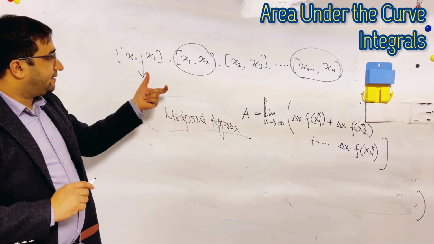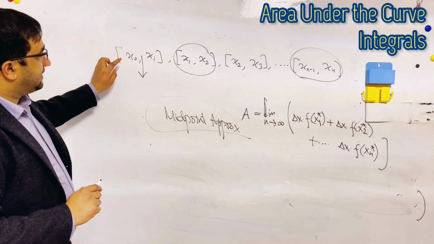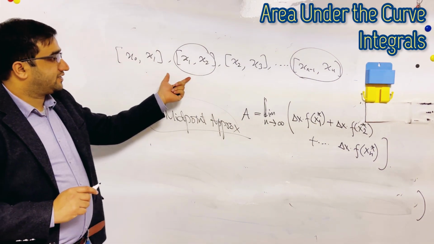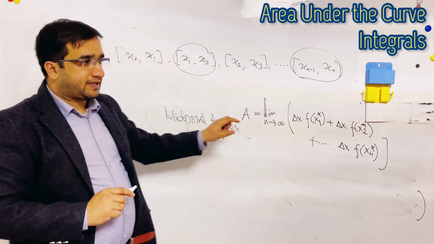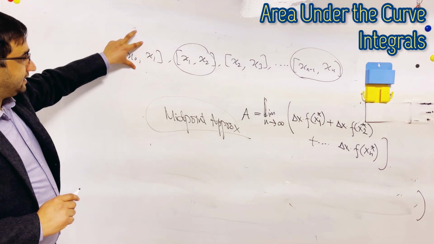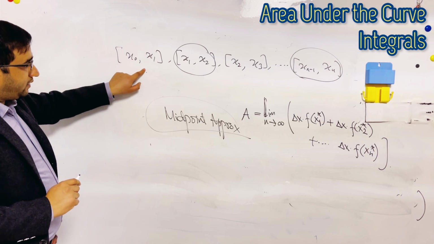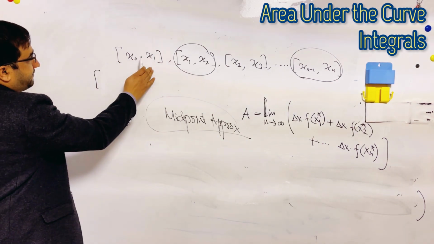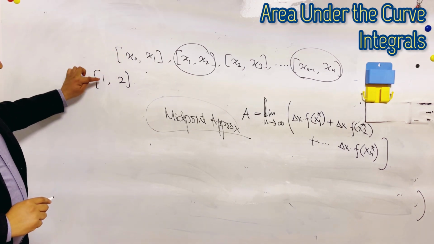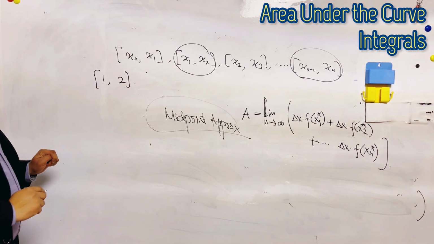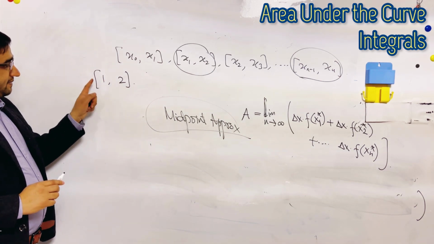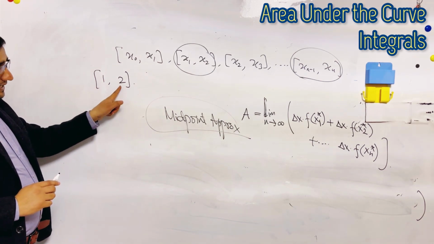If you are considering the midpoints, then from the given points you first have to calculate the midpoint of each interval. Here, you only know the left endpoint and the right endpoint of the interval. For example, if this interval is 1 and 2, x0 is 1, x1 is 2. You cannot apply the midpoint rule directly on these two points because this is the left endpoint and this is the right endpoint.